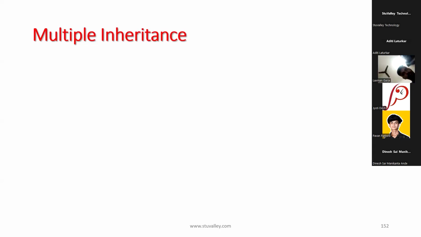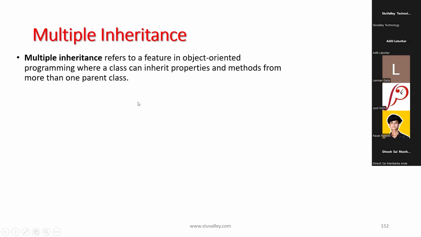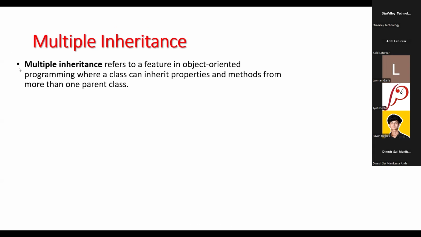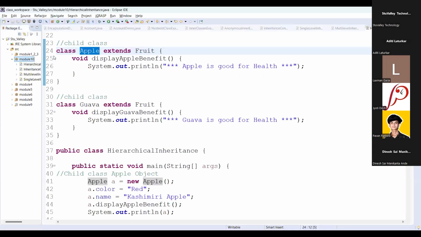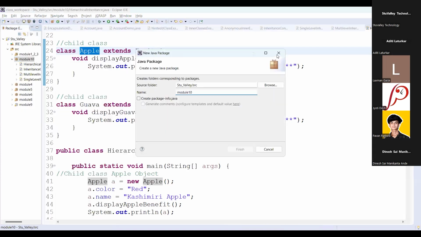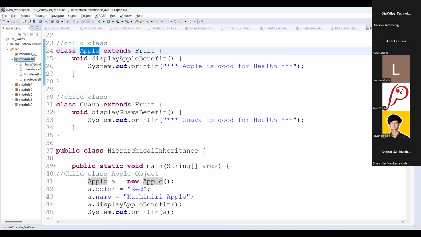Next example is multiple inheritance. Multiple inheritance refers to a feature in object-oriented programming where a class can inherit properties and methods from more than one class. For example, here I am creating one class in the same package.